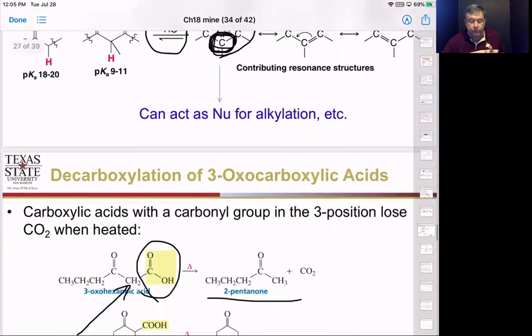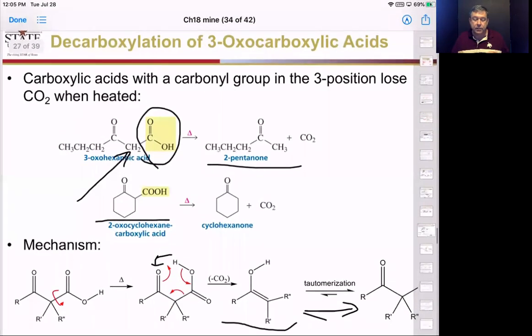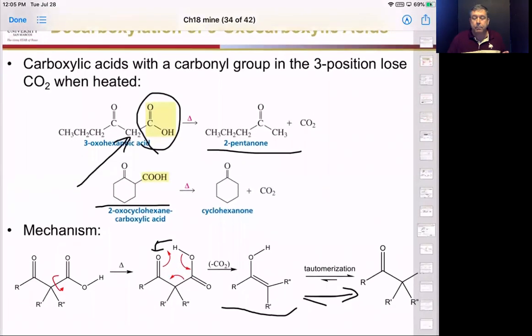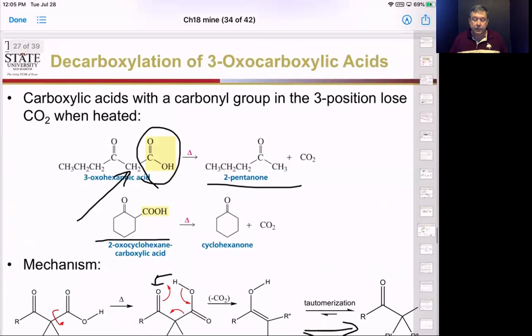Okay, so the first one of these we talked about was just this long beta keto acid right here. And when we had that beta keto acid, we could heat it up and decarboxylate, and we get a methyl ketone out of this, or a ketone out of this.